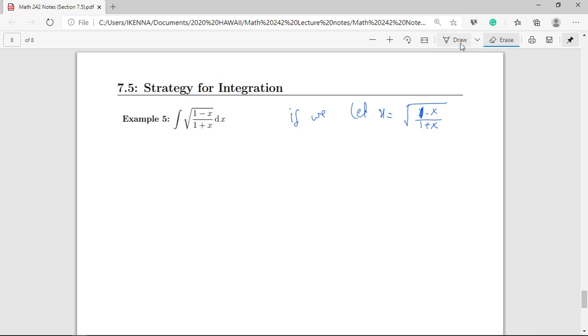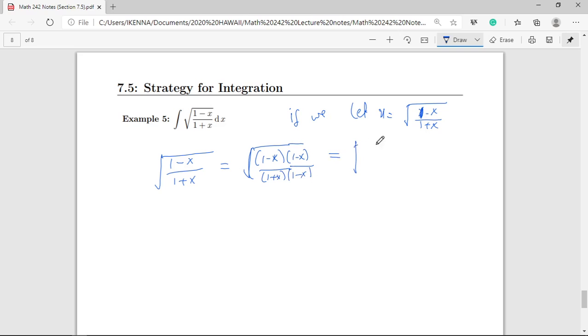Maybe we should try some ingenuity, substitution, whatever. I can write 1 minus x over 1 plus x by multiplying top and bottom by something. I may want to write this way: 1 minus x over 1 plus x divided by 1 minus x.